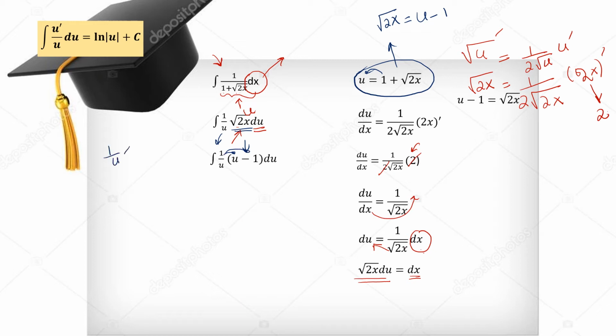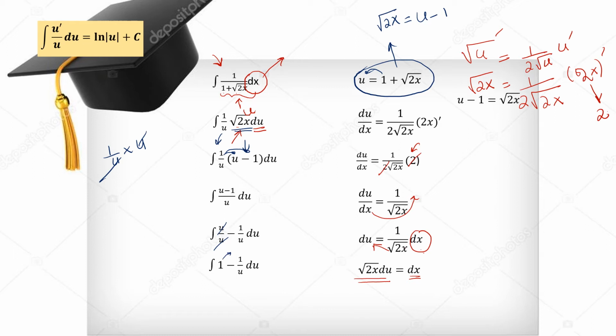Now multiply using the distributive property. 1 over u times u: u and u cancel, so only 1 is left. Minus 1 over u times 1 gives you 1 over u. So 1 minus 1 over u is left. Now, what is the antiderivative of 1? That is u.